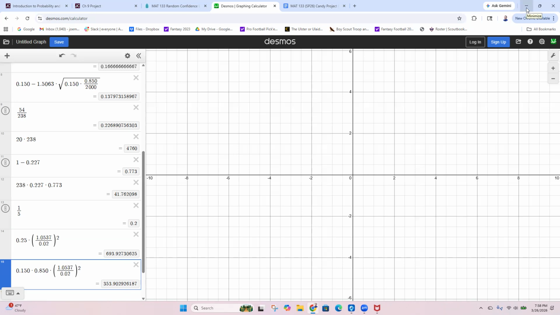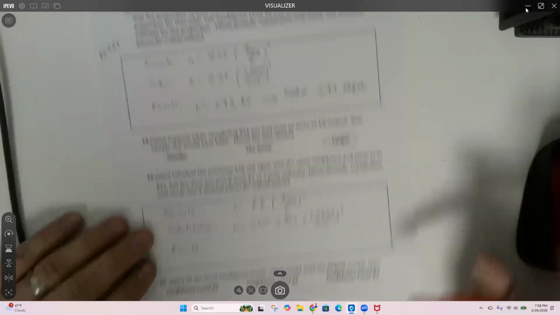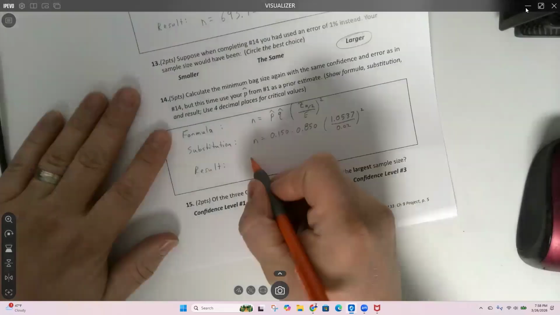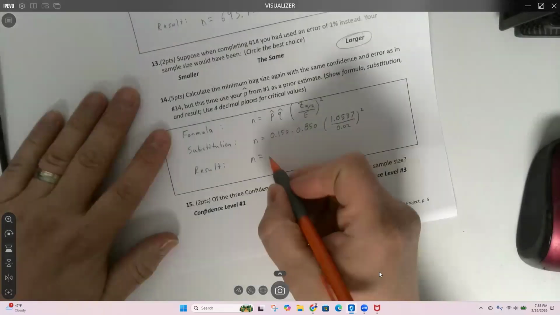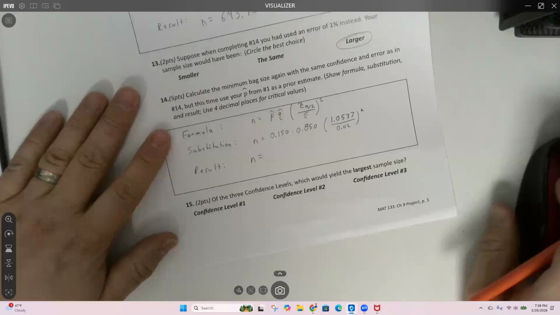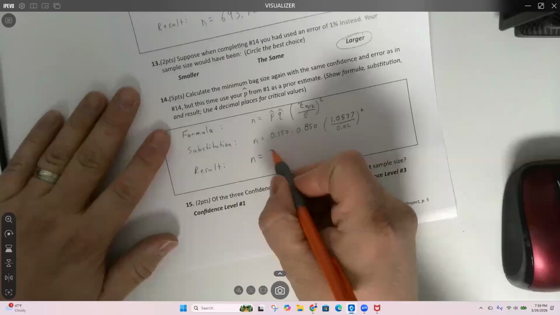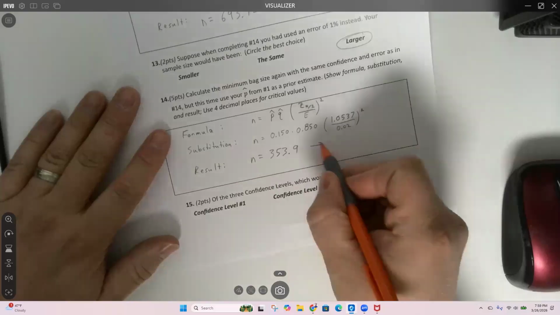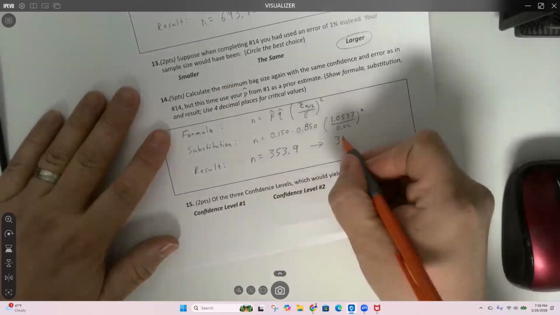So I had my critical value wrong. My N is 353.9, which I need to round up, and it'll be 354.